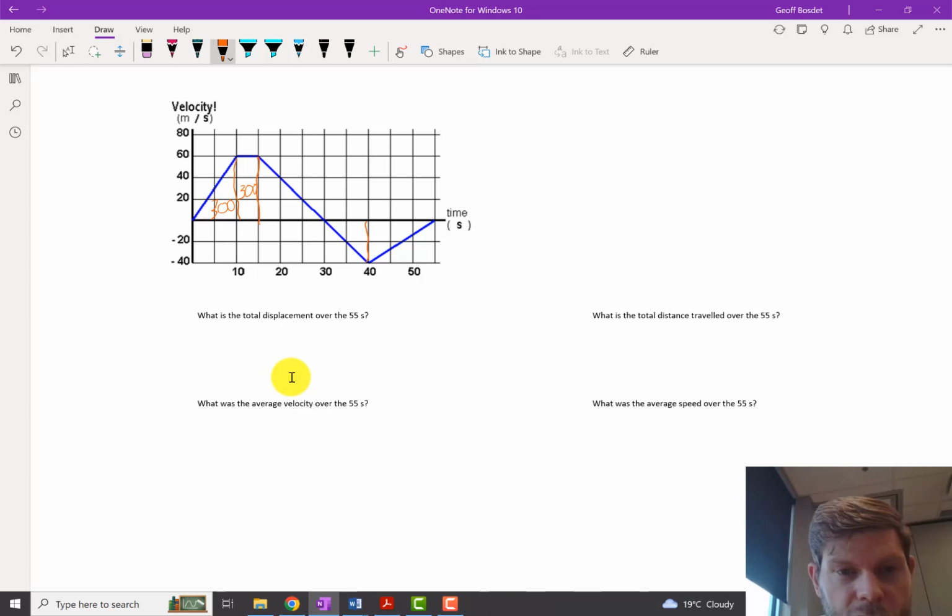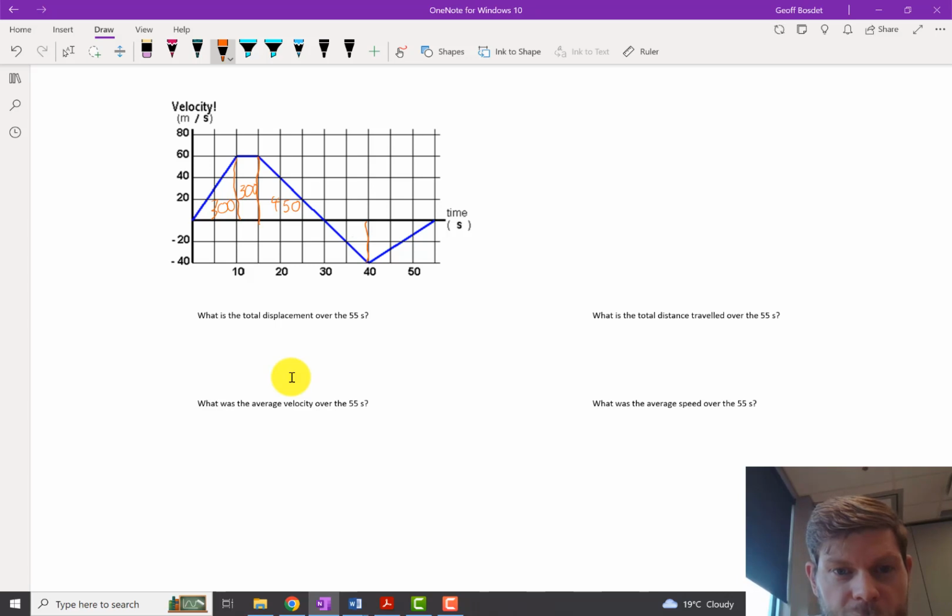And then this section here, base times height divided by 2, we've got a height of 60, a base of 15. 60 times 15 divided by 2 is 450. Right here, we've got a height of -40 and a base of 10.